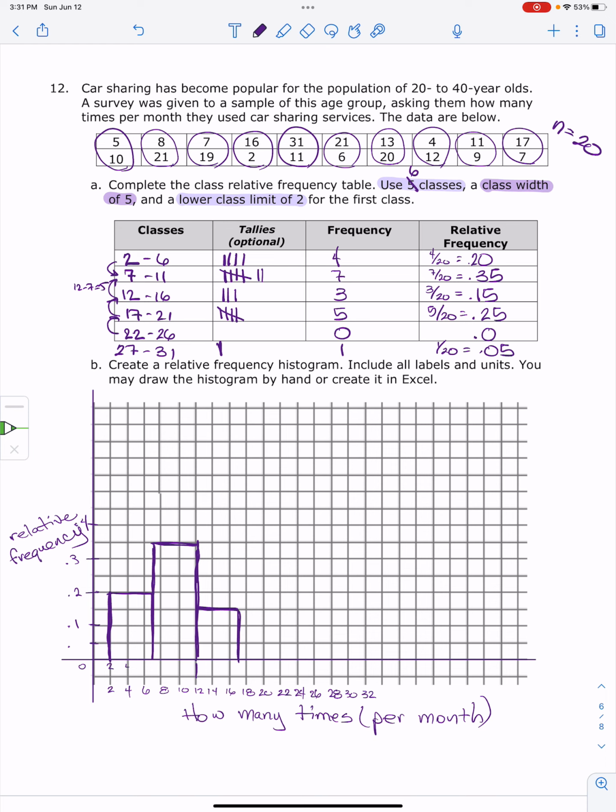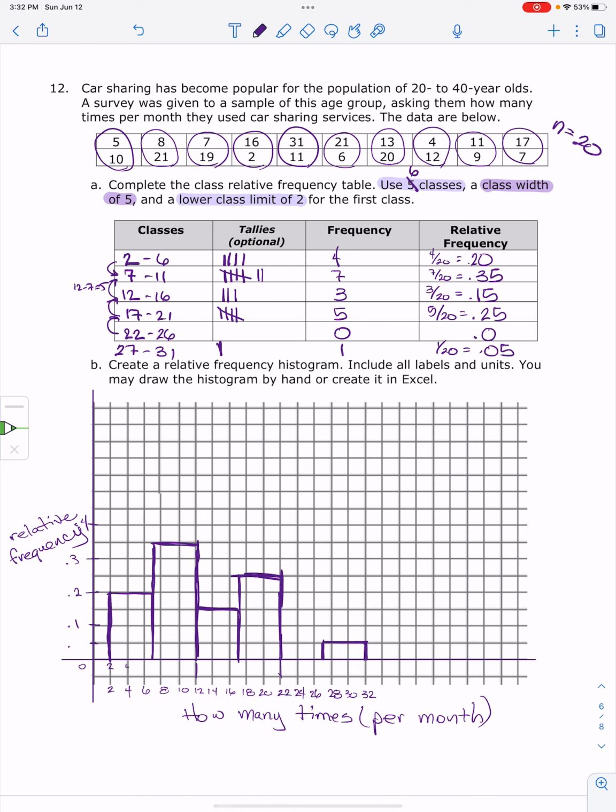And then I have from 17 to 22 is up to 25%. 22 to 26, there is nothing, and then my 27 to 31 or 32 is 5%.